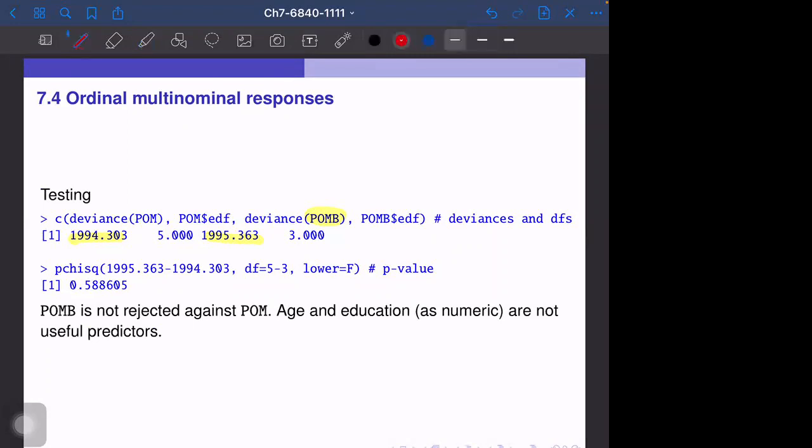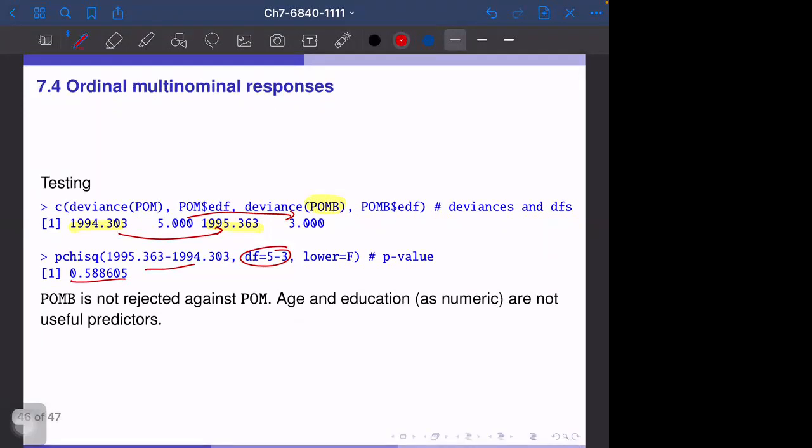It increases the deviance by only 1.06, even though we saved 2 parameters. So the difference in degrees of freedom is 2, and the improvement in deviance is equal to only 1.06. So it does not reject the null hypothesis, and we choose the smaller model. The larger model is not significantly better than the small model.